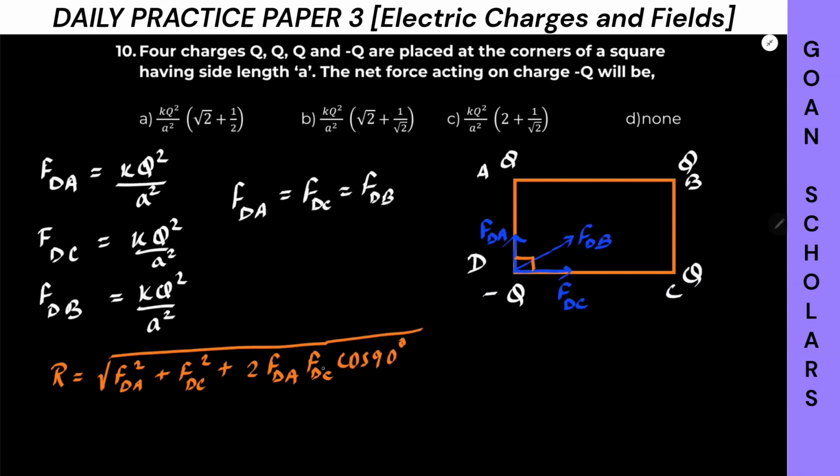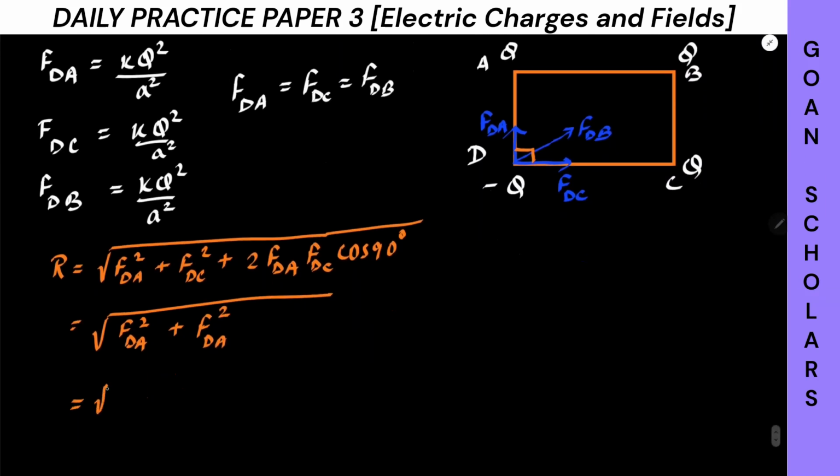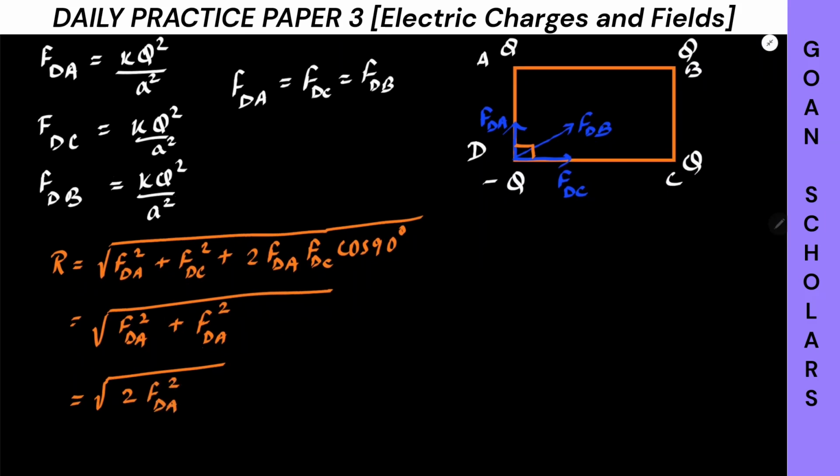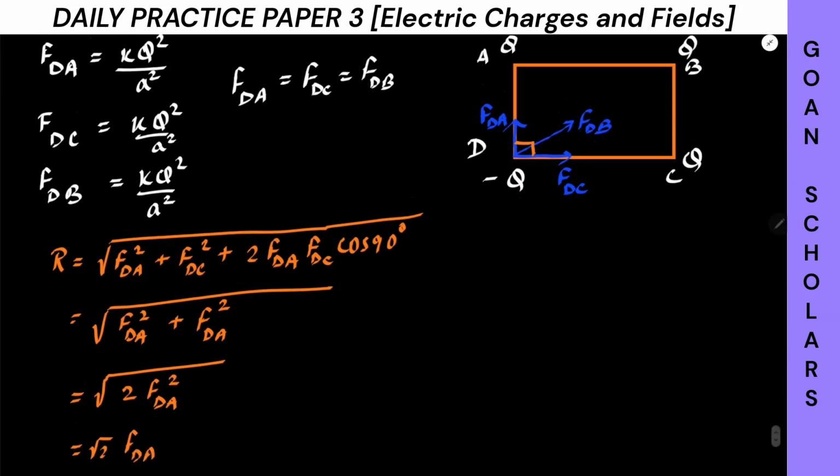Because cos 90 is 0, so this last factor becomes 0. And it becomes quite easy for us to understand. So FDA square and FDC square we are left with. And even FDC is equal to FDA. So let's put it FDA square. Adding both of them, it will give us 2 FDA square, right? And when you remove the root, you will get root 2 FDA. So this is the resultant of these two.